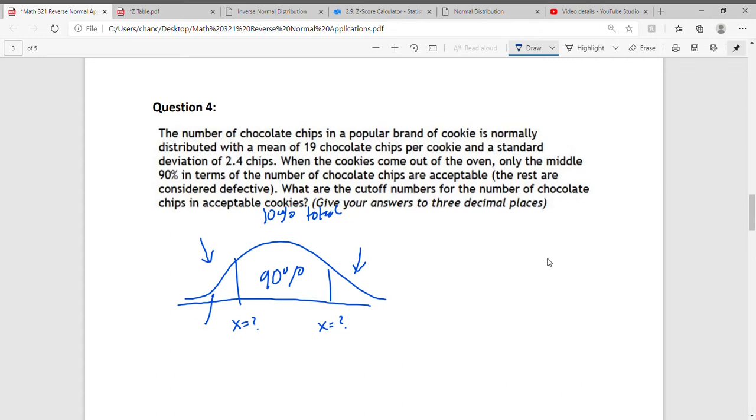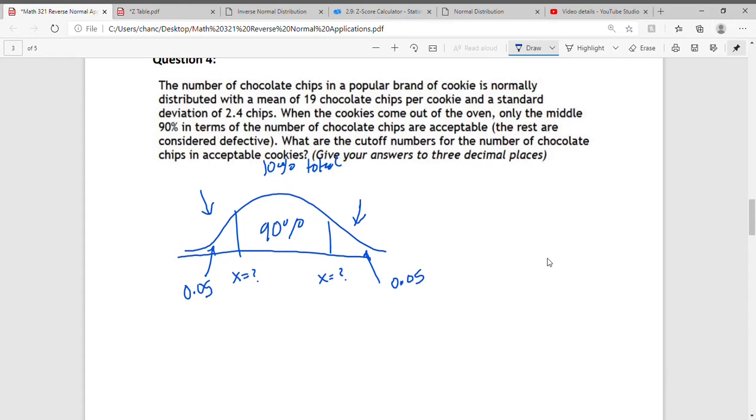Therefore, this must be 0.05 because this is 5% each. So let's go to our Z table and find the corresponding Z values that will give us 0.05.